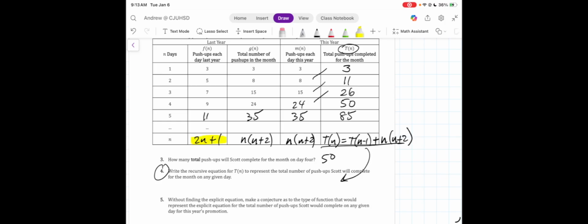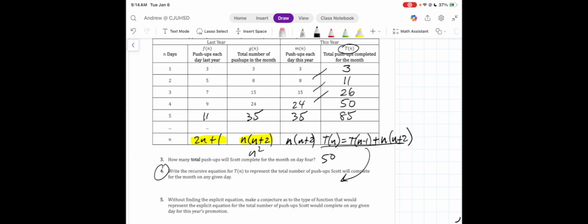So this first formula is linear, but it comes from a constant change. This formula is quadratic, and it comes from a linear change. Quadratic means x to the second power is the highest power. They're using n, so we'll just say n to the second power.